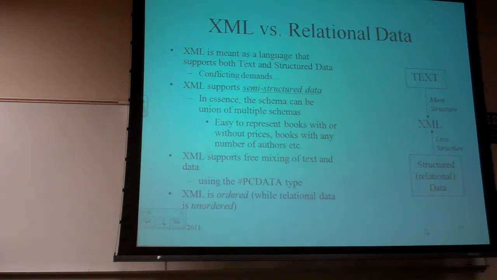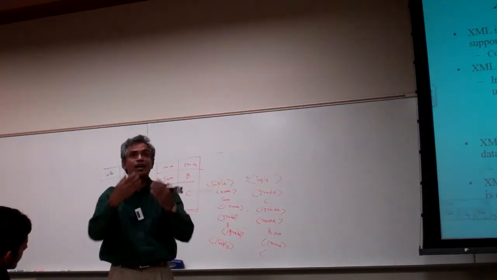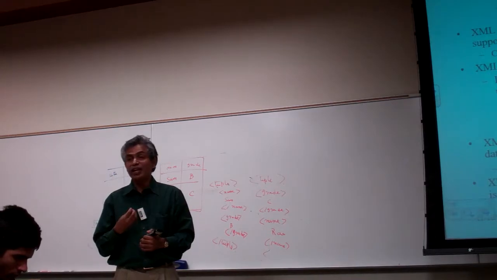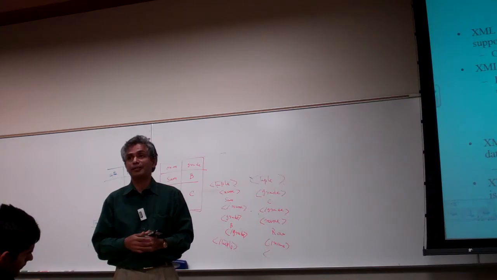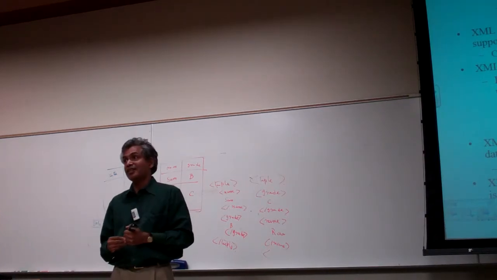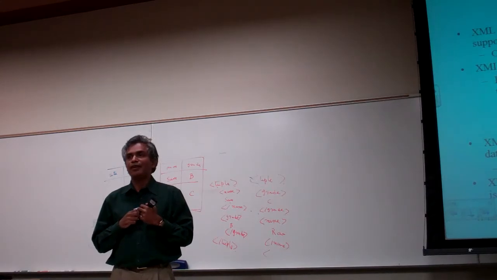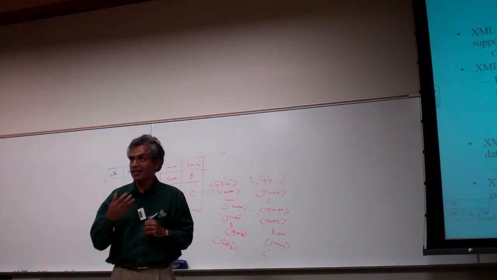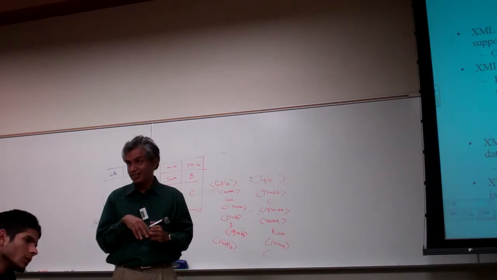Standard database queries are all about values, not about whether attributes are present 5 times or 3 times. But since I put this out in front of you, you can ask questions on the tags. So you can have meta queries, which are queries on the tags themselves, and then you should be able to handle them. These are the kinds of complications that database people get into because they made the mistake of acting like they are XML databases. Just as, if I act like I understand English and start talking in English, you will ask me questions in English. And if I can't translate it into a language I can understand, I'm stuck.